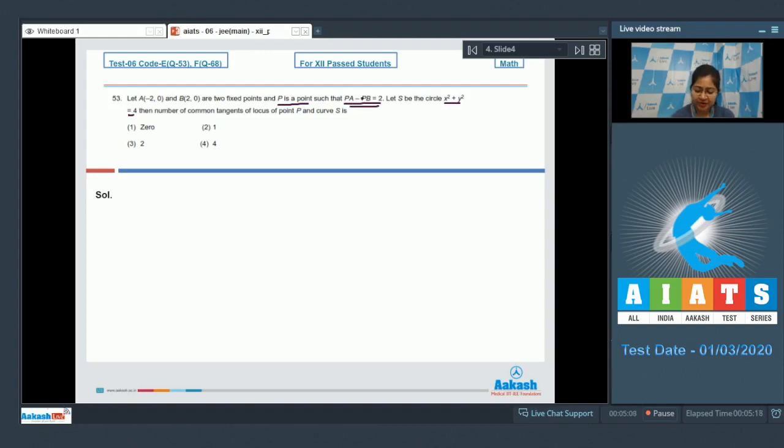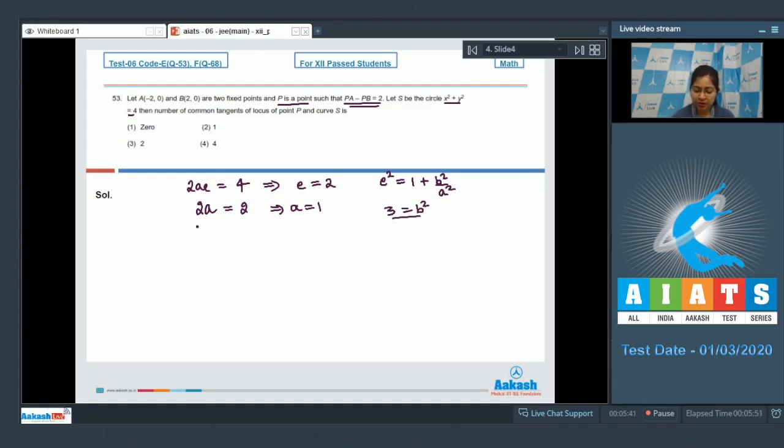Now it has been given that A and B are the foci of the hyperbola, so 2ae is equal to the distance between A and B, that is 4. Also PA minus PB, that is equal to 2a, is equal to 2, which means the value of a is equal to 1, and hence the value of e is equal to 2. Now we know that e square is equal to 1 plus b square by a square, so we can say 3 into 1 is equal to b square.